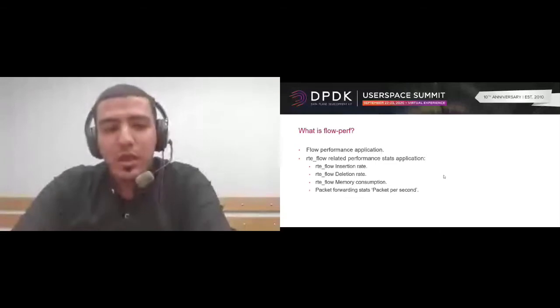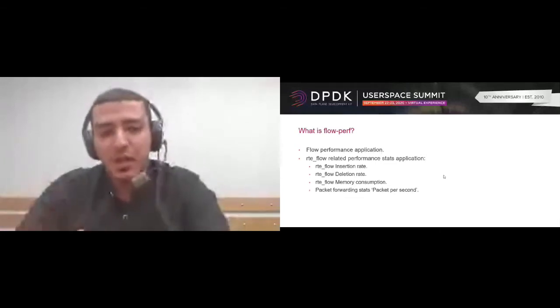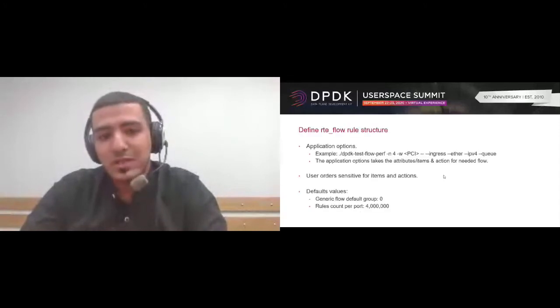Okay, first of all, let's talk about how to use the application and how to define the RTE flow rule structure. The application doesn't have any command line. It's simpler than this, and it works through the application options themselves. You can define the structure of the RTE flow in the options, and the application will translate this structure into RTE flow.